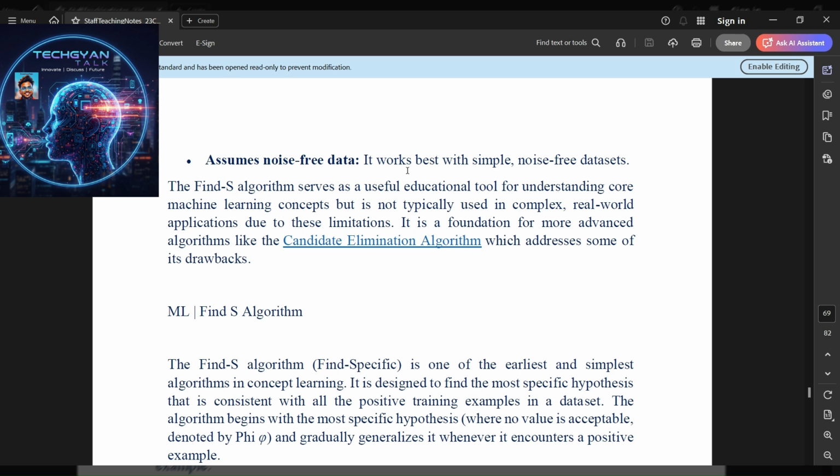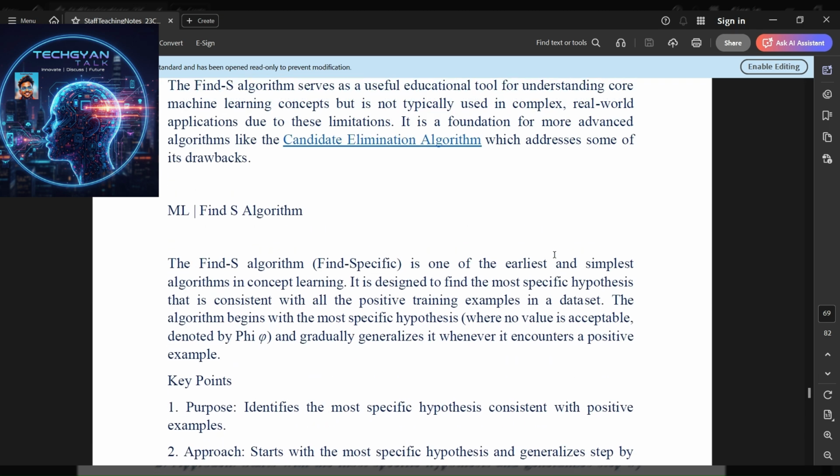It assumes noise-free data and works best with simple noise-free data sets. The Find-S algorithm serves as a useful educational tool for understanding core machine learning concepts, but it is not typically used in complex or real-world applications due to these limitations. It is a foundation for more advanced algorithms like the candidate elimination algorithm, which addresses some of its drawbacks.